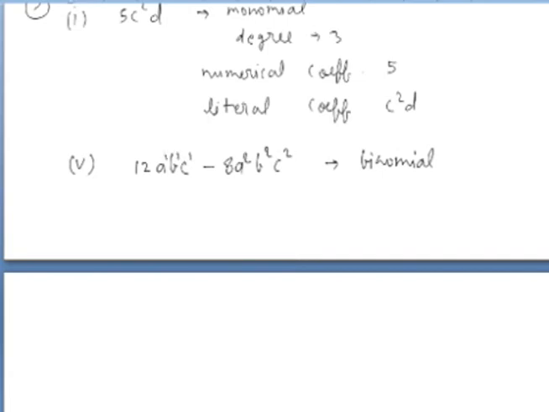Here 2 plus 2 plus 2, degree is 6. Now the coefficients: here the numerical coefficient is 12, and here the numerical coefficient is minus 8, and the literal coefficient is abc, and here the literal coefficient is a square b square c square.